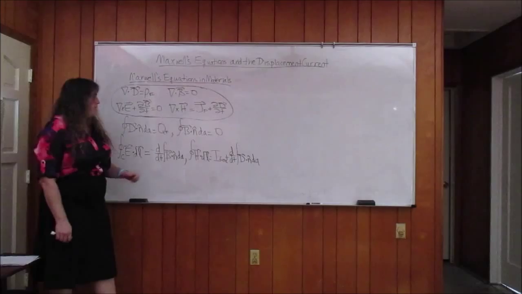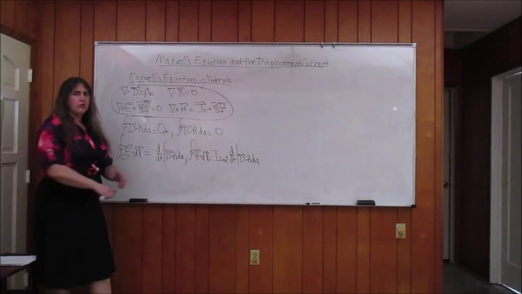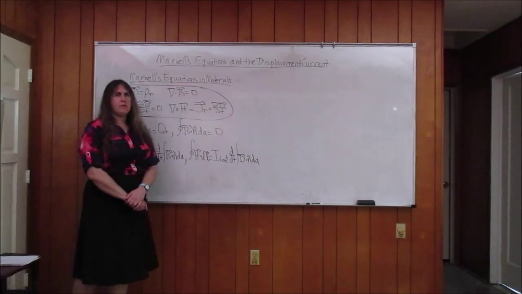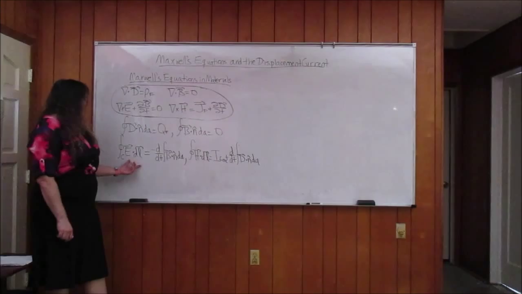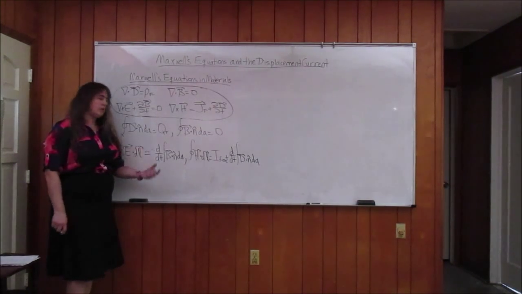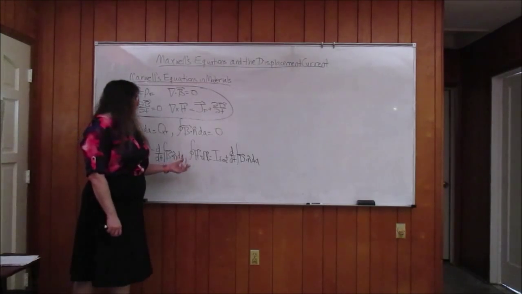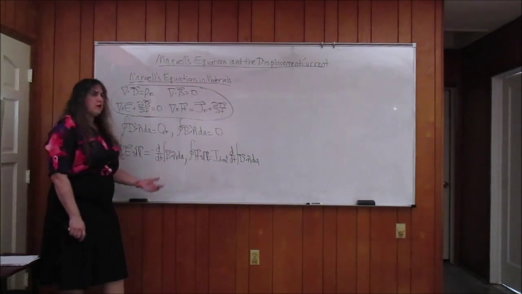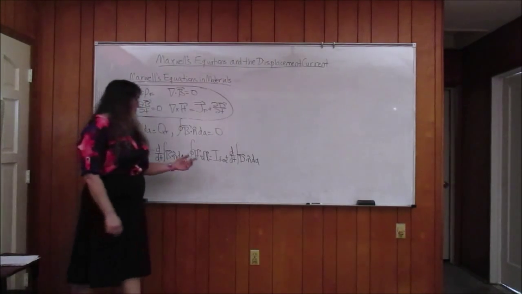Over here we have the magnetic flux through a closed surface is equal to 0, and of course that's a reflection of the fact that no magnetic monopoles have ever been observed.